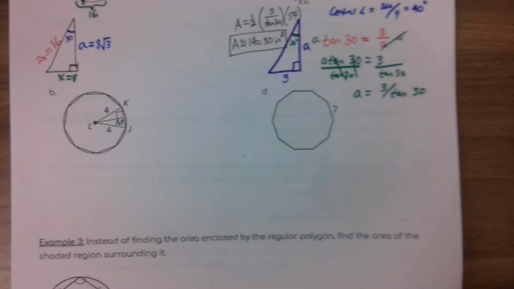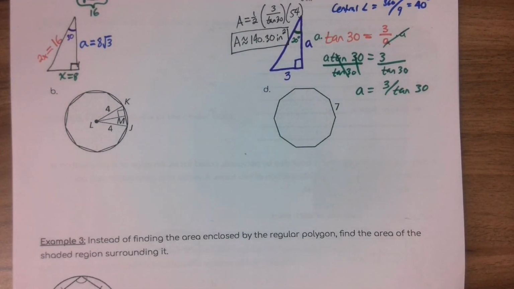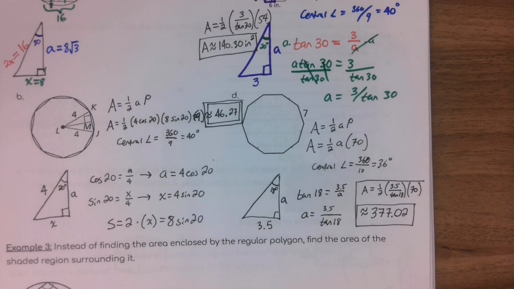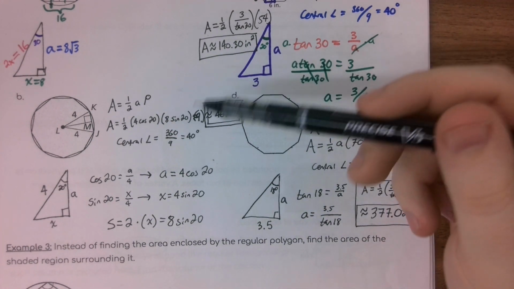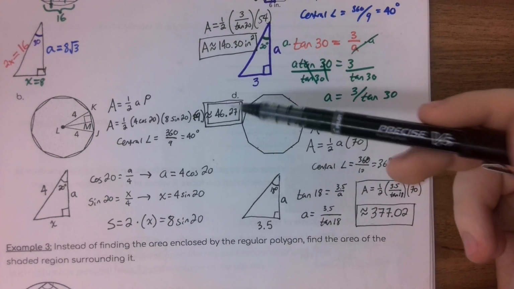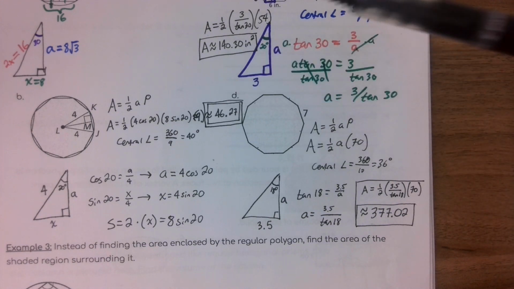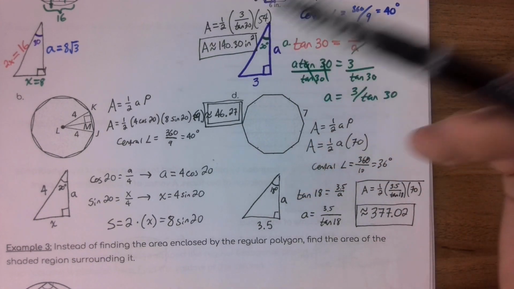I'd like you to pause the video and see if you can tackle B and D. They're the exact same solving methods, but with different numbers and different shapes. Pause the video and give it a shot. How do we do? I've written down my processes for both of these problems, but if you do have troubles reading them or understanding the flow of them, let me know.